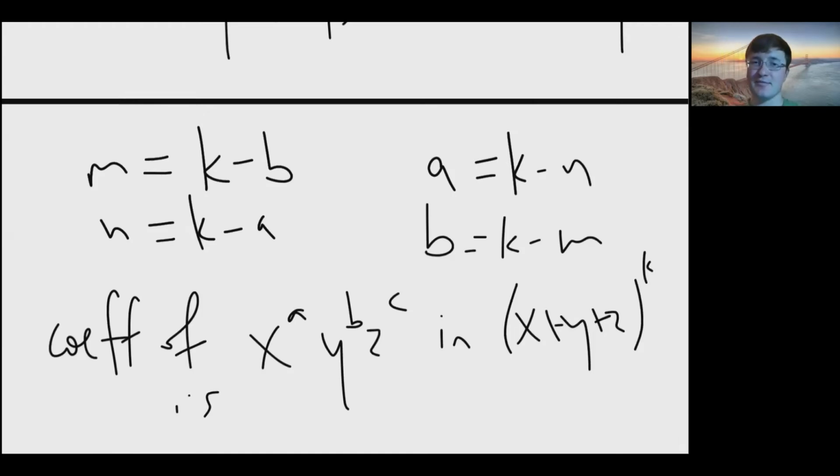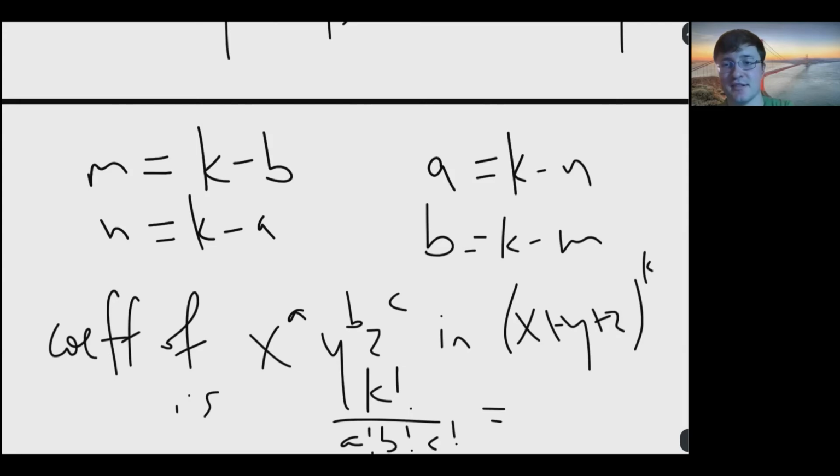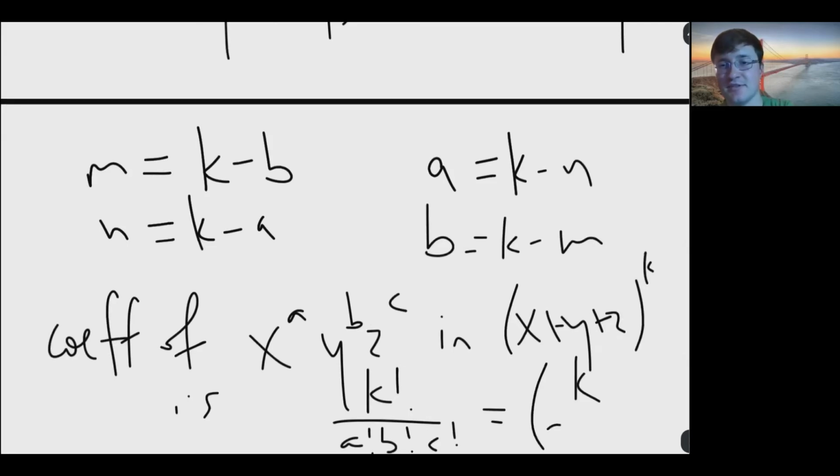So I have k variables, but a are all x's, so I have to divide by a factorial to account for the overcounting from the permutations of the x's. And then I divide by b factorial and c factorial for the same reason. So I get k factorial over a factorial, b factorial, c factorial, which is often written as a multinomial coefficient like this, kind of like the notation for binomial coefficients.